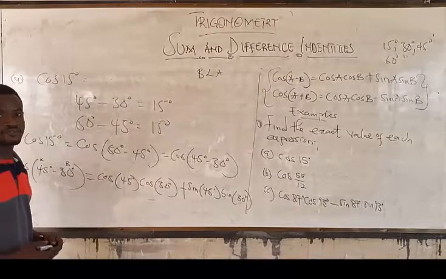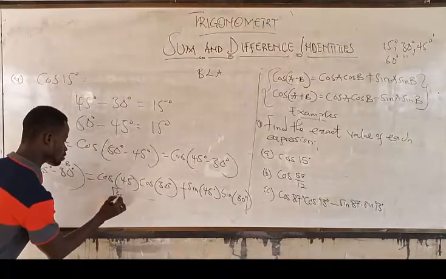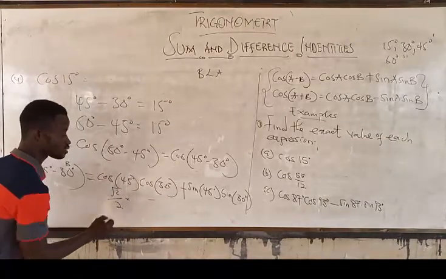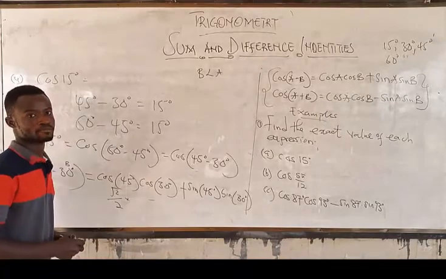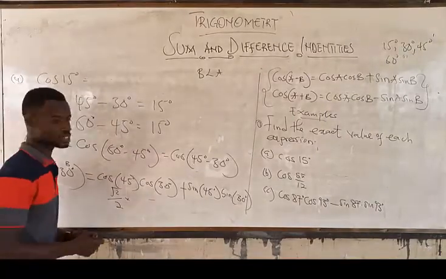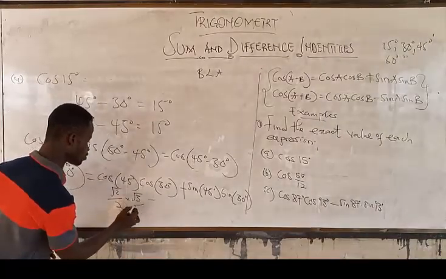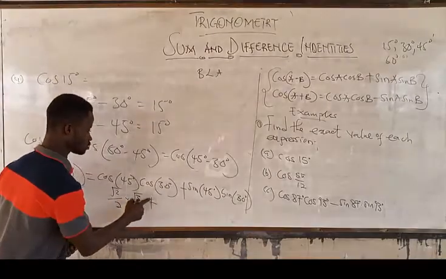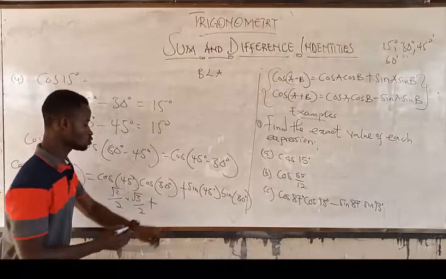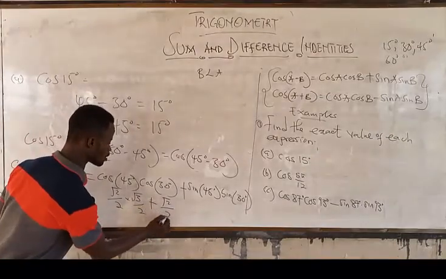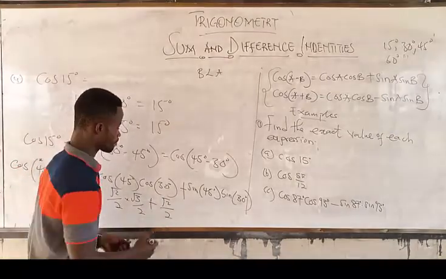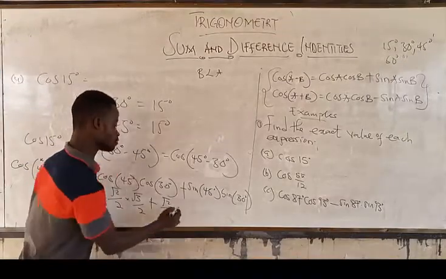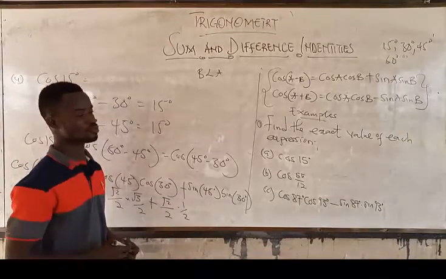Cos 45 gives you square root of 2 over 2, times cos 30 degrees, which gives you square root of 3 over 2, plus sine 45 which gives square root of 2 over 2, times sine 30 which gives you half.